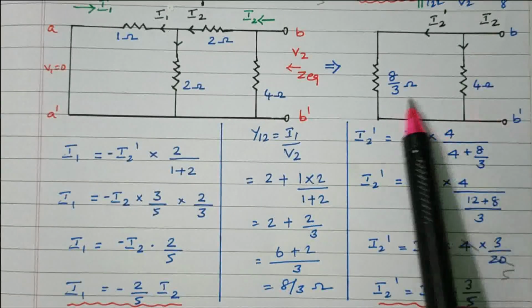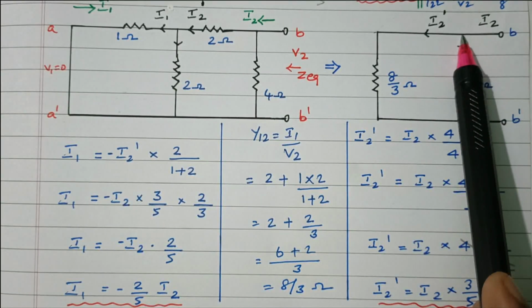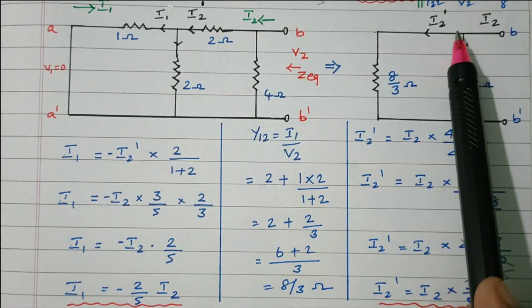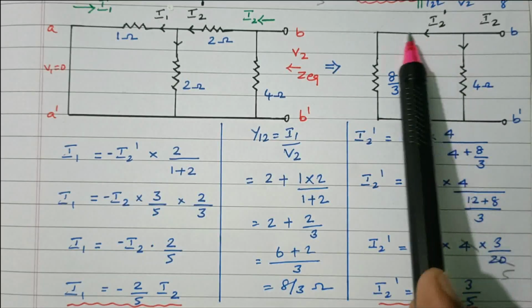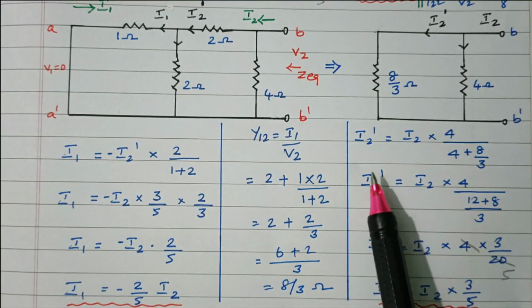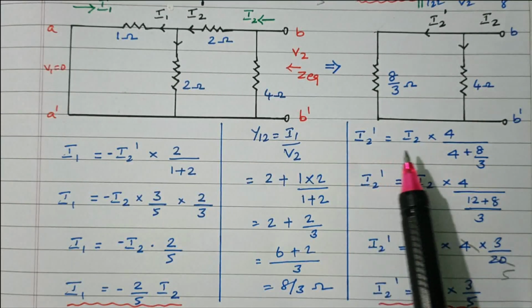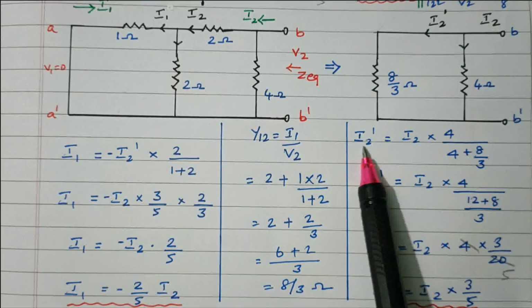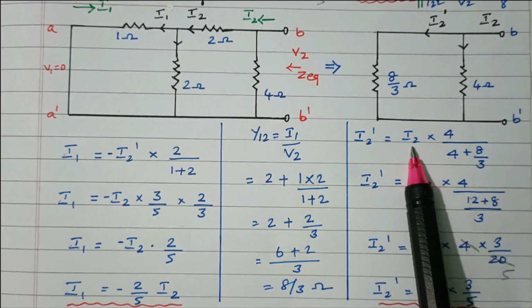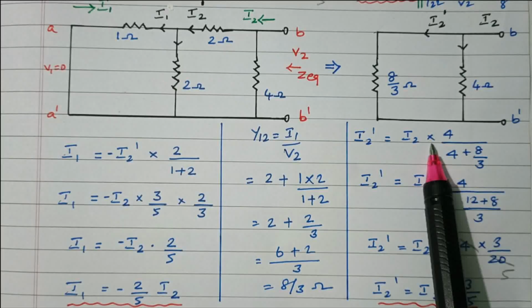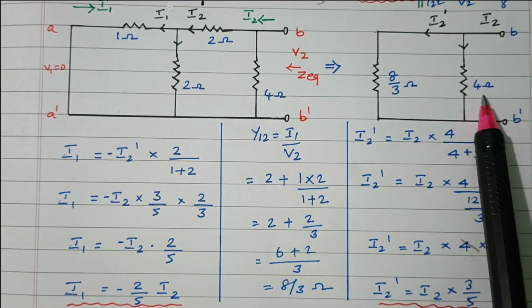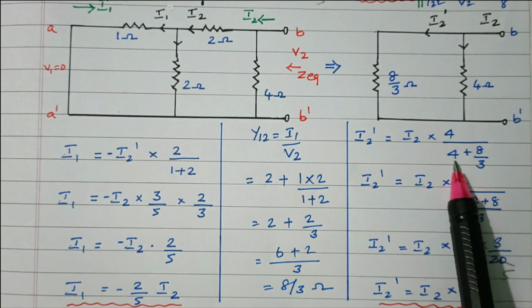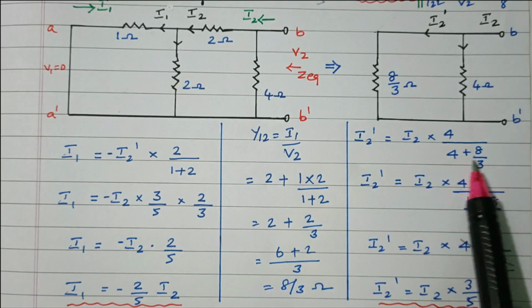Now we have only two resistors. The current is diverted here, I2 dash, which we can find from this circuit. So I2 dash, the current through this 8 by 3 ohm, equals the total current I2 multiplied by the other branch resistance 4 ohm, divided by 4 plus 8 by 3, the total resistance.